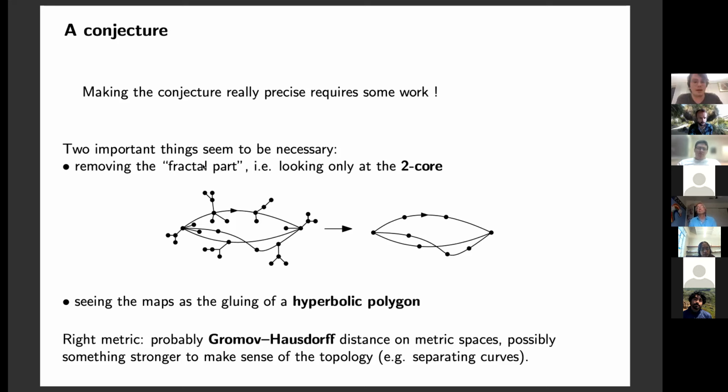So the question of Asaf was, is there any limiting procedure where the limit object is a surface rather than a metric space? I don't know if you can have a metric that encompasses everything. I'm not an expert.